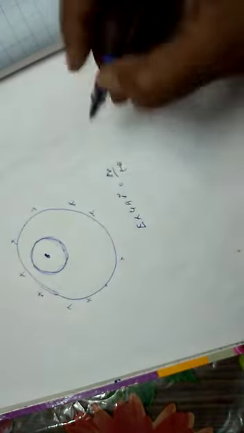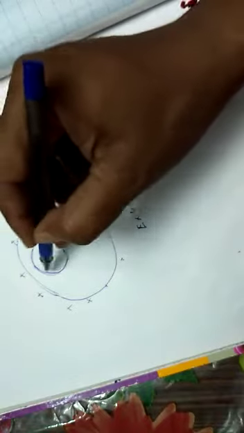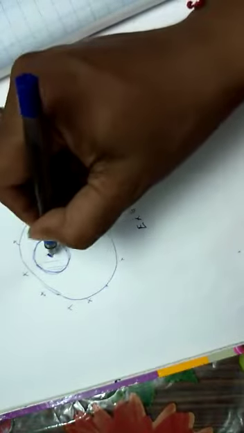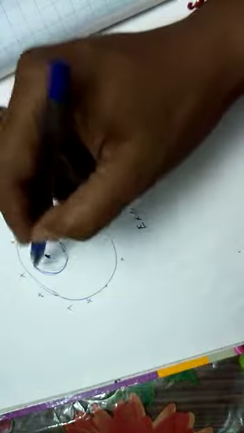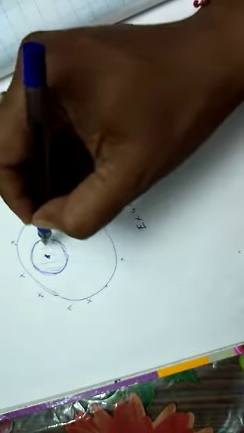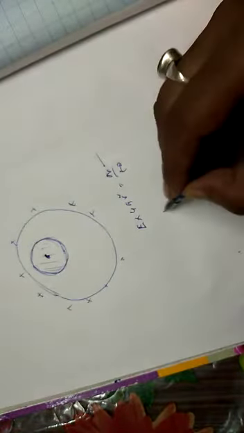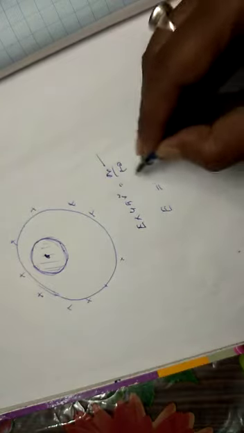Q by epsilon naught. Since there is no charge inside the sphere, this Gaussian sphere has no charge inside it, so q is going to be 0. If q is 0, then E is going to be 0.